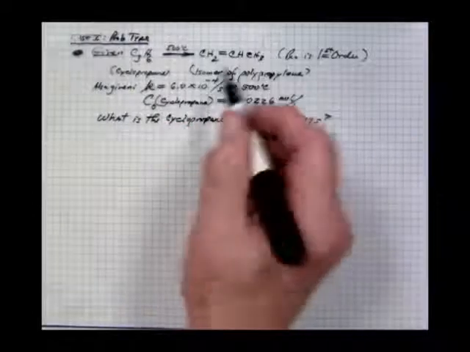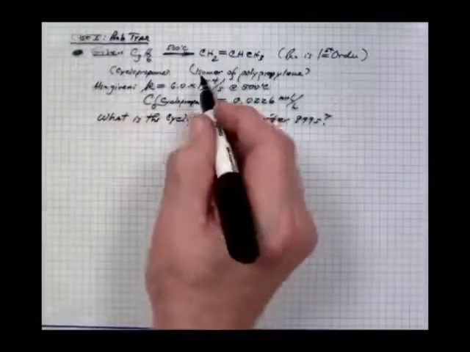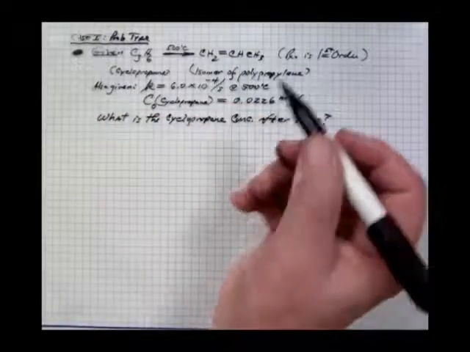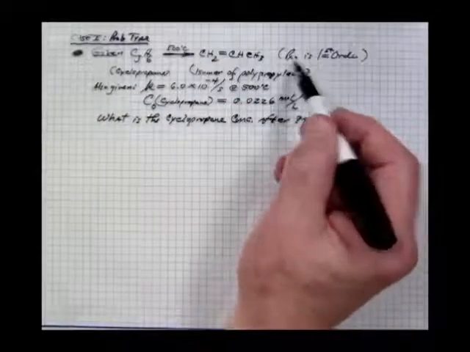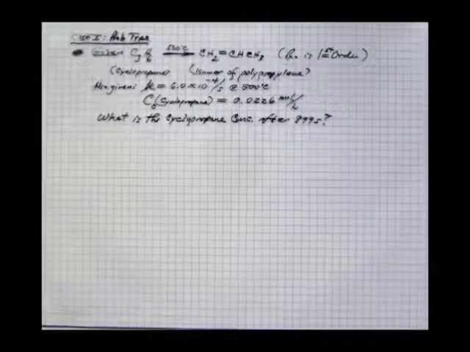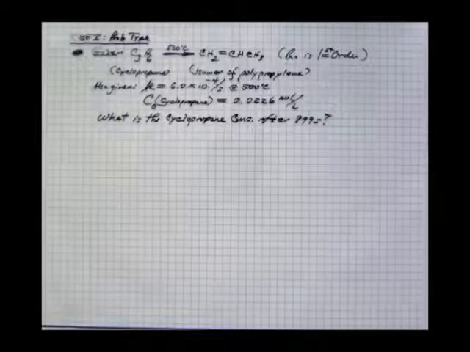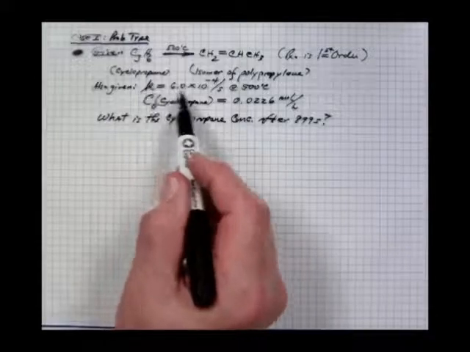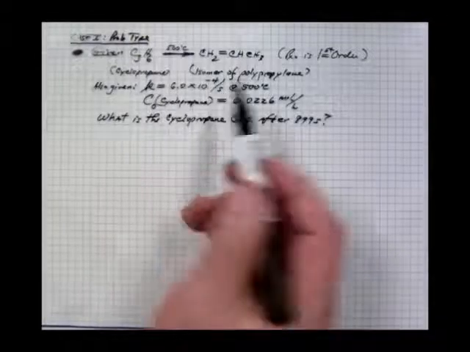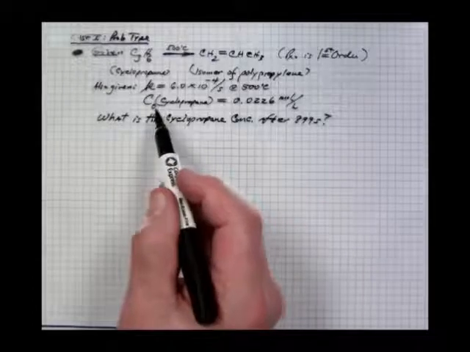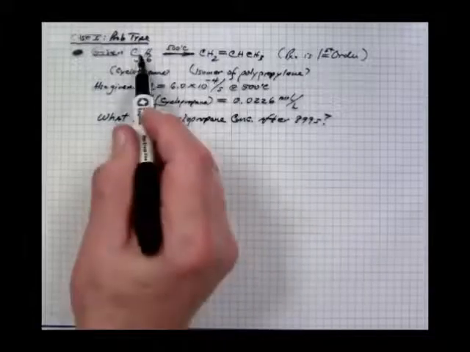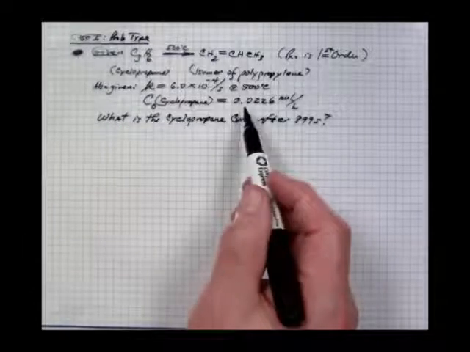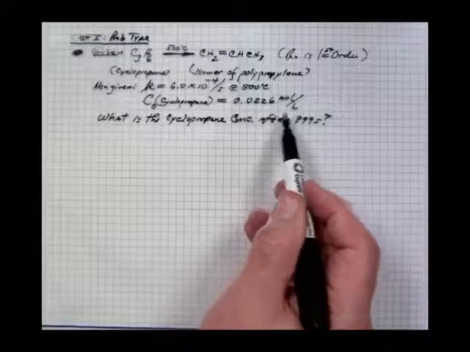Forming the monomer, the isomer of polypropylene is a first order process. Also given in the problem is your k value, which is 6 times 10 to the minus 4 per second at 500 degrees Celsius, and the initial concentration of the cyclopropane to be 0.0226 mole per liter.